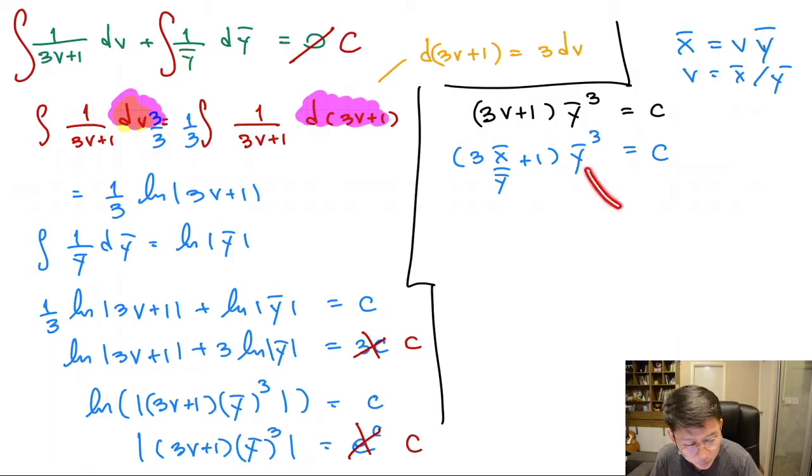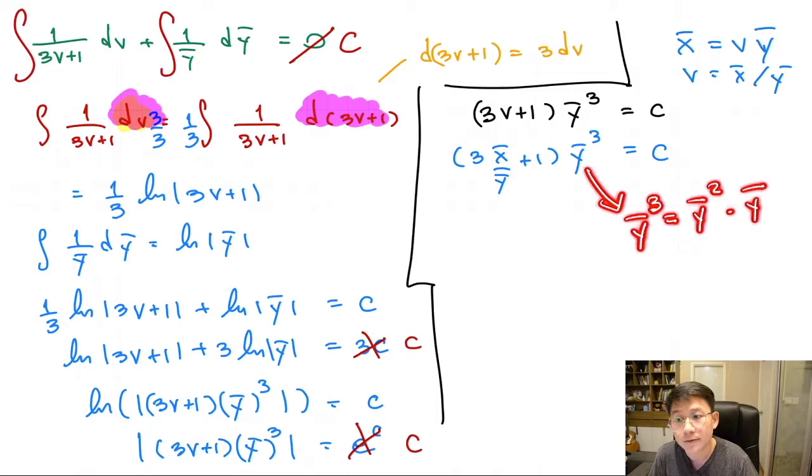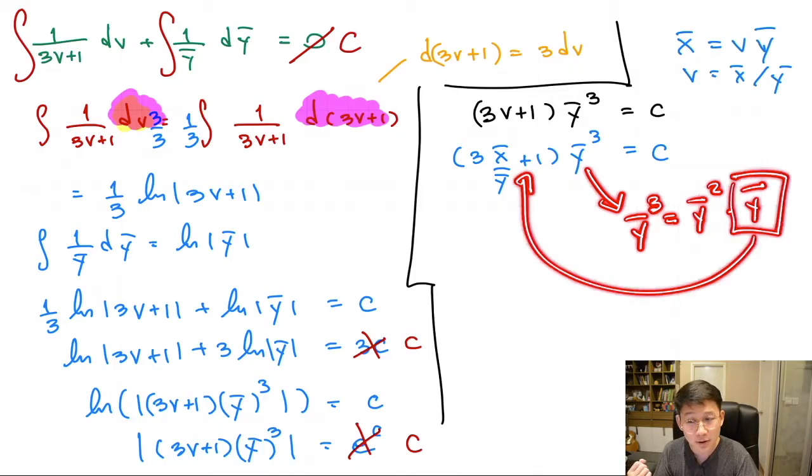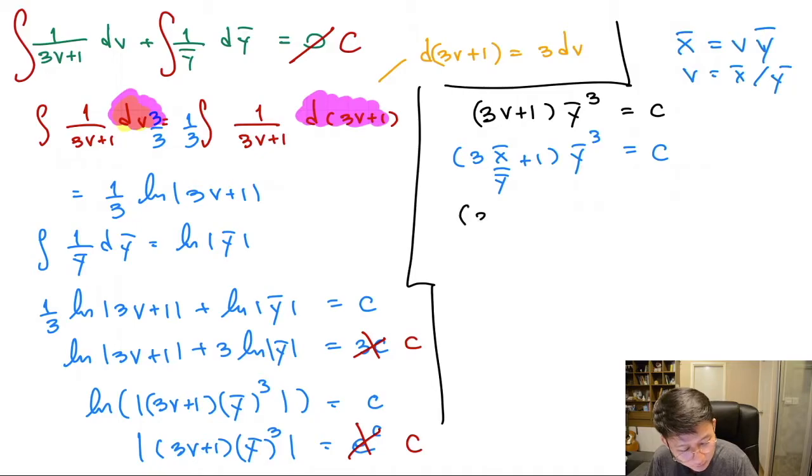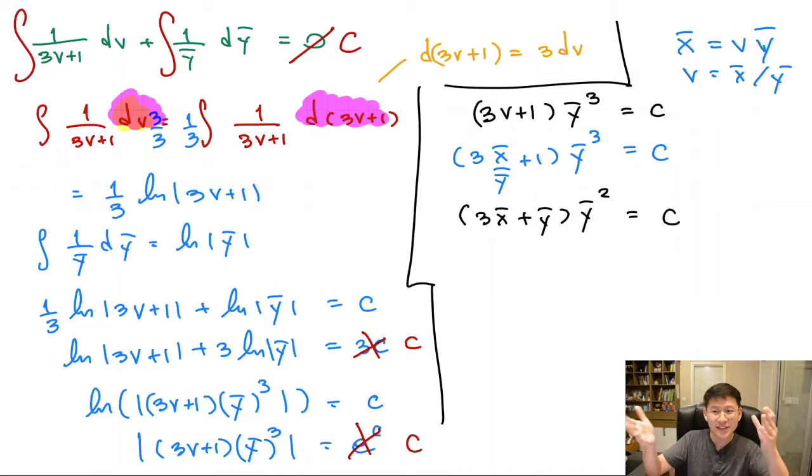This y bar cubed is actually y bar squared times y bar, right? So I'll push this y bar into the parentheses. So what I have is 3x bar plus y bar, times y bar squared, equals c. I think this is easier, isn't it?